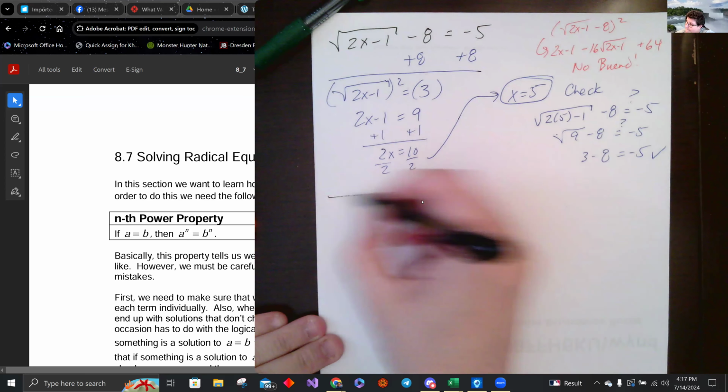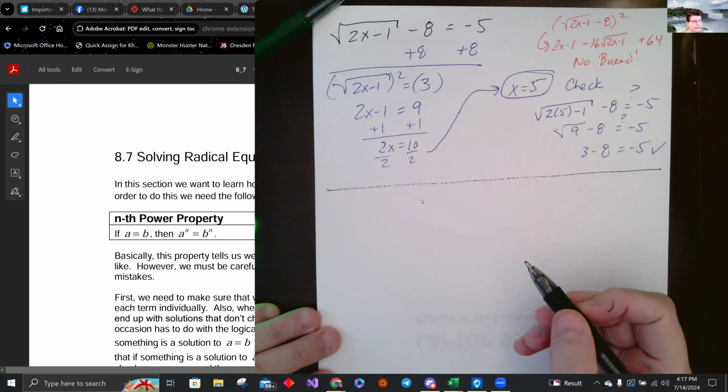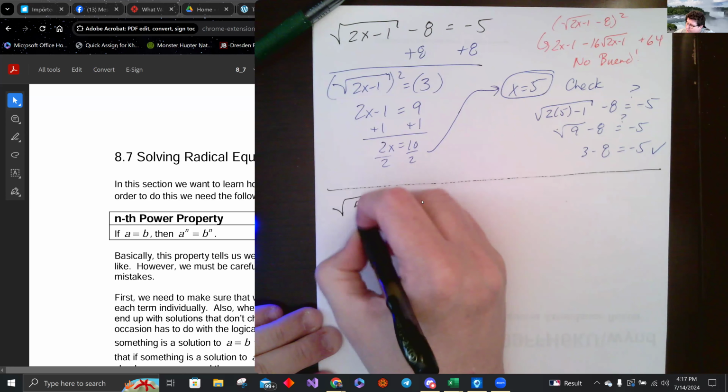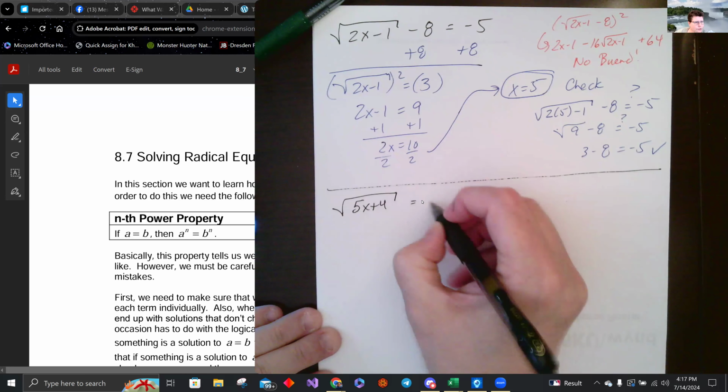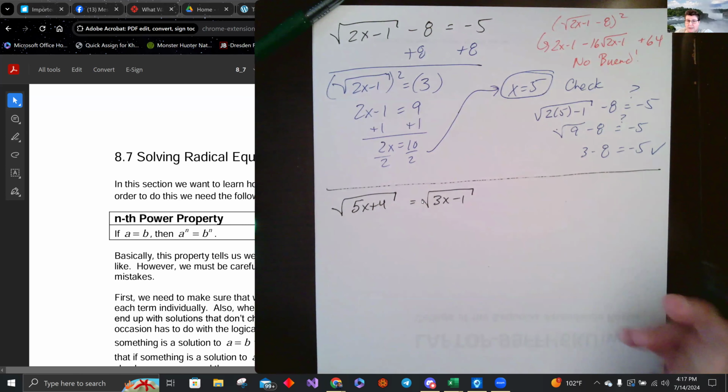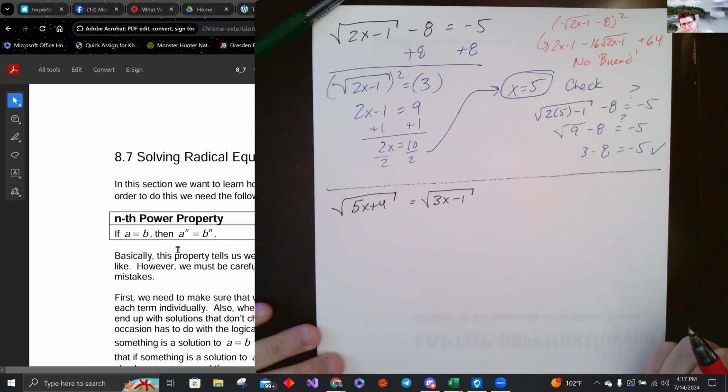Next example. Square root of 5x plus 4 equals square root of 3x minus 1. Well, now there's square roots on both sides, but don't let that intimidate you.